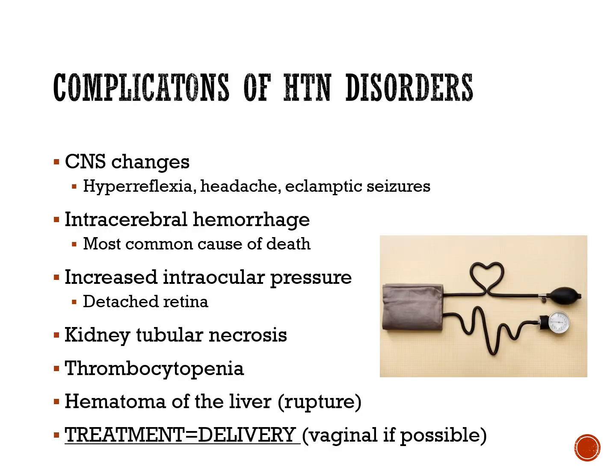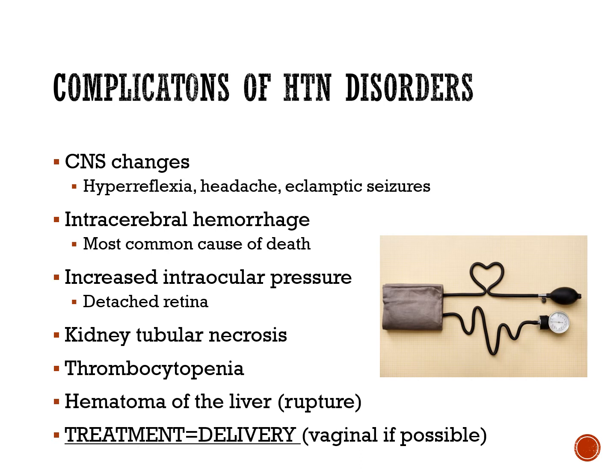So what complications do we see of these hypertensive disorders? So you have central nervous system changes. They're going to have hyperreflexia, headaches, eclamptic seizures, intracranial or intracerebral hemorrhage. It's the most common cause of death, where you have such increased pressure in the brain that it causes it to bleed.